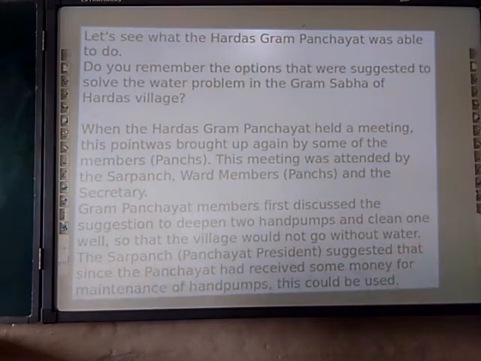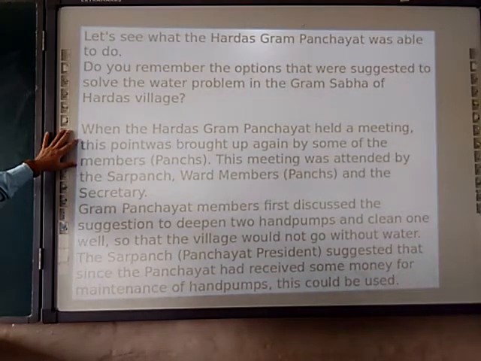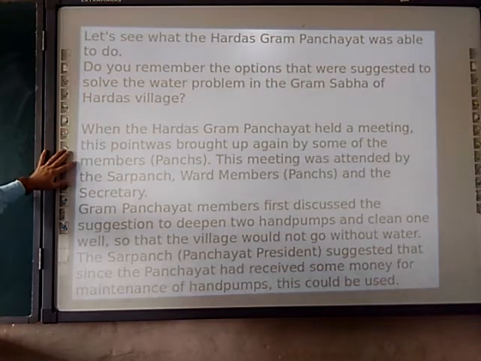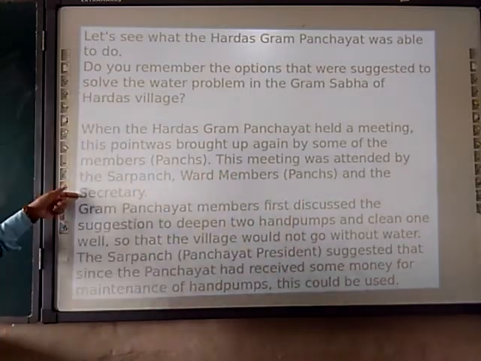Let's see what the Hardas Gram Panchayat was able to do. Do you remember the option that was suggested to solve the water problem in the Gram Sabha of Hardas village? Yes, of course you remember. When the Hardas Gram Panchayat held a meeting, this point was brought up by some of the members. This meeting was attended by the Sarpanch, the ward members, that means the Panchs, and the secretary.